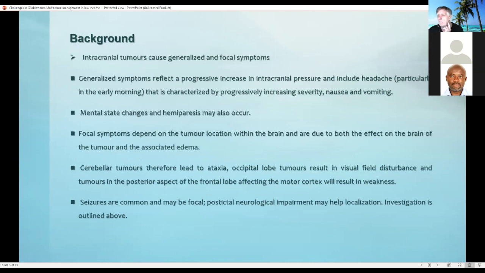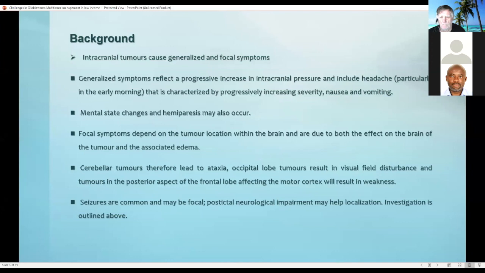According to those brain tumors, intracranial tumors cause generalized and focal symptoms, as we know. Generalized symptoms reflect a progressive increase in ICP and include headache, particularly in the early morning, characterized by progressively increasing severity.